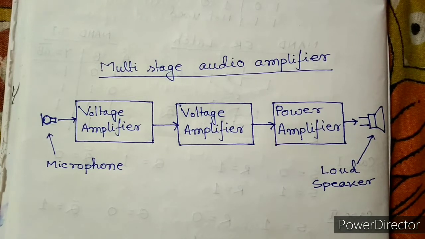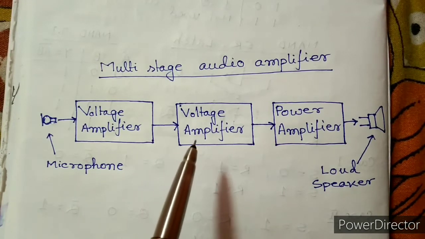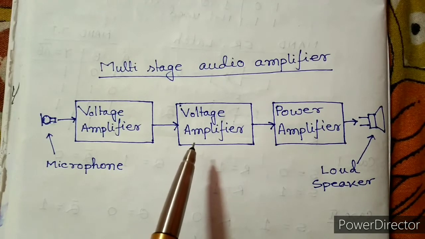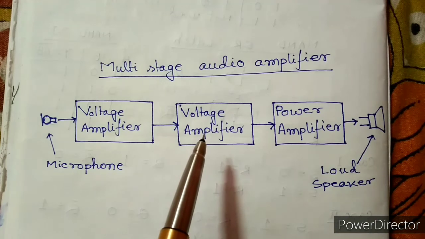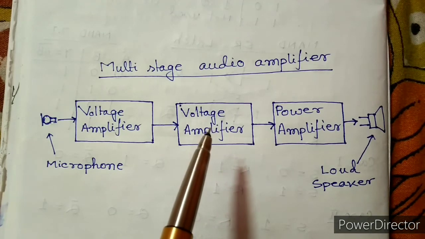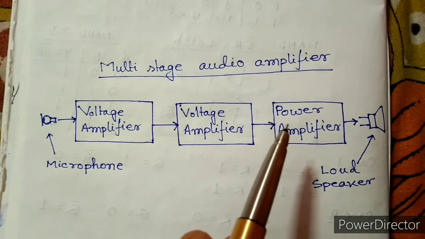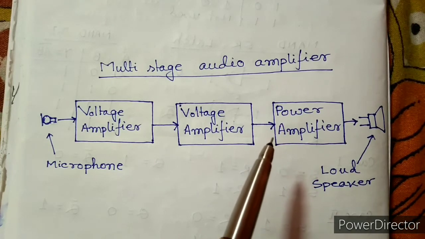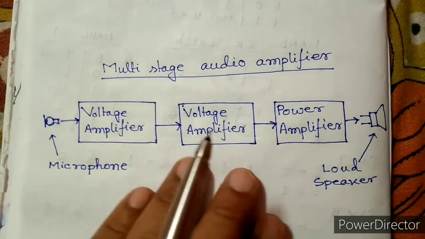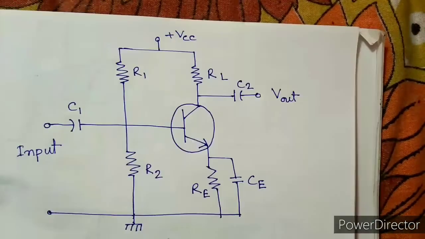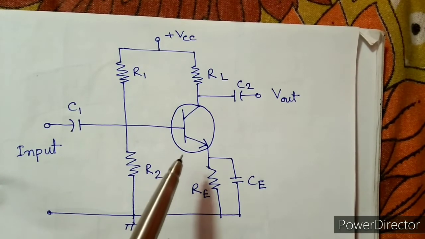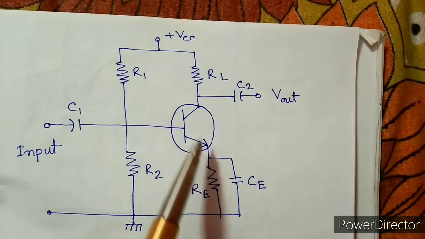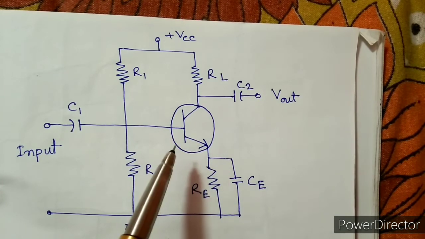Now, let us see what the differences are between a voltage amplifier and a power amplifier. In a voltage amplifier we use a transistor, and also in a power amplifier we use transistors, but in a power amplifier we use a power transistor. Let us see the diagram. This is an amplifier circuit where a BJT transistor is used.